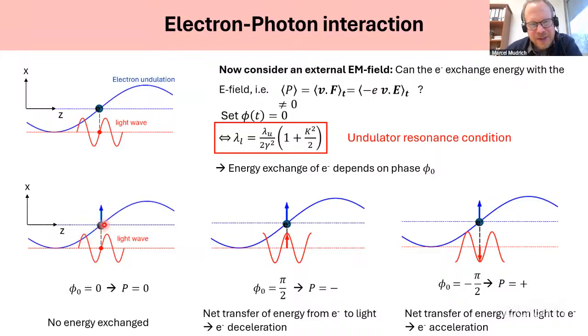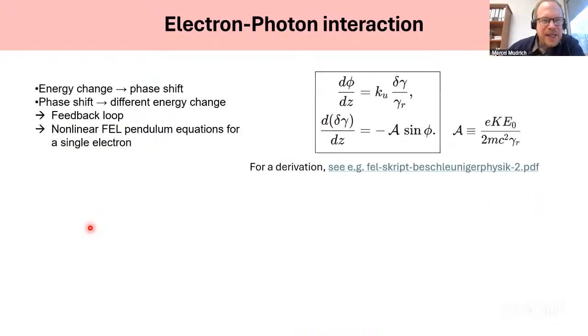But in one case, the electrons would lose energy and go back to the fixed point. In the other case, when they drift towards negative phases, they would be accelerated and be pushed back to the fixed point, right? So in either case, there is this back coupling and this interplay between energy taken from the light field and then shifting the electrons away from the fixed point.